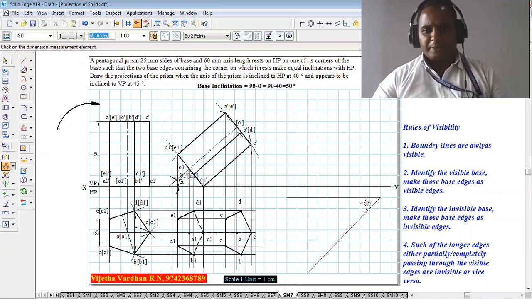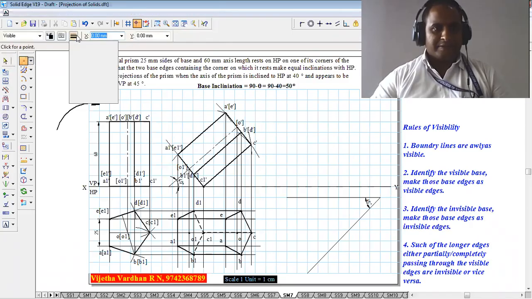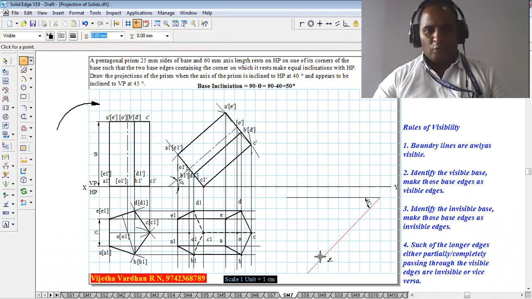Now, after representing the beta angle as 45 degrees, taking your pencil, mark the point O1 anywhere on the 45 degree line like this.